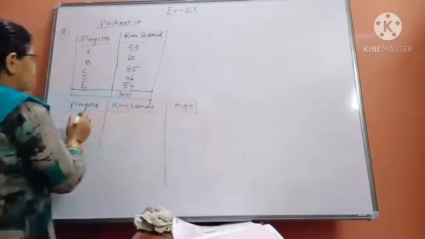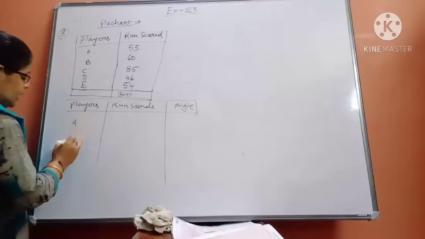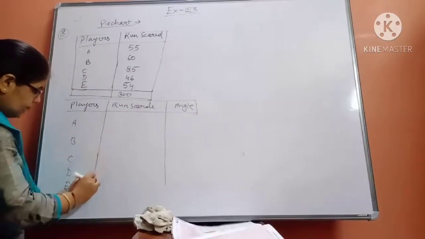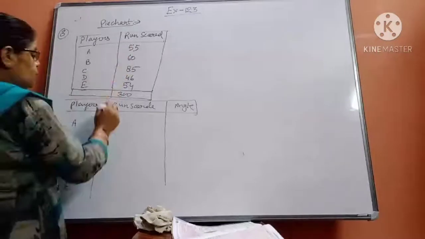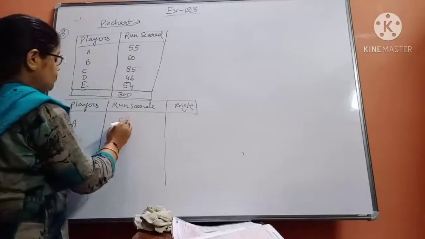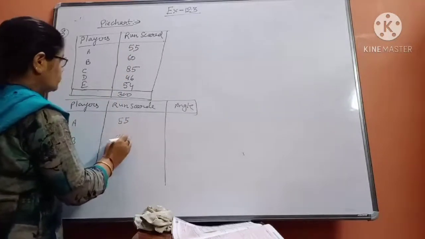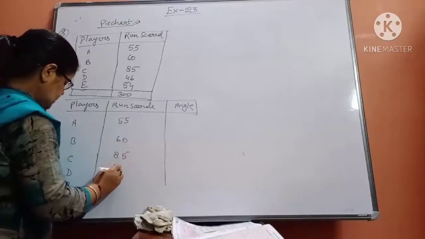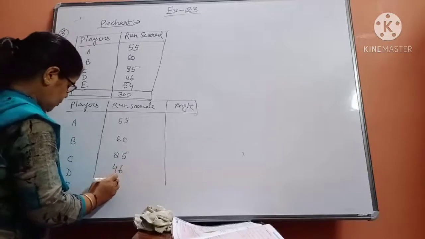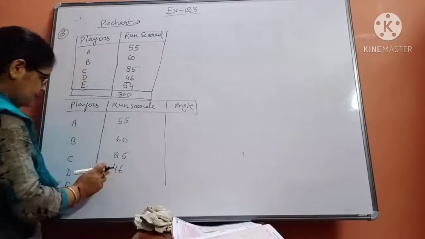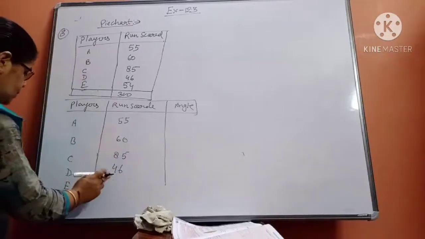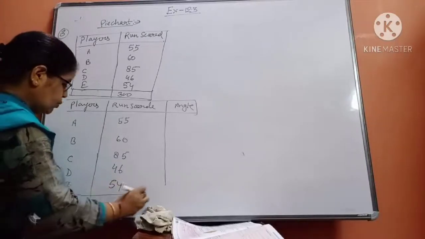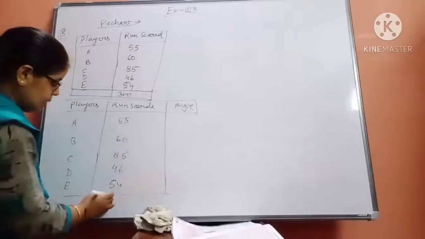First of all you just write A, B, C, D and E, and then here you can write 55, 60, 85, 46 and 54 beta, and its total is already given, that is 300.